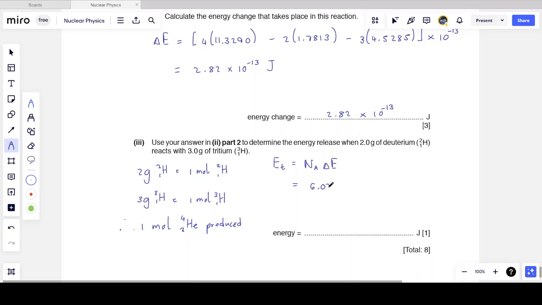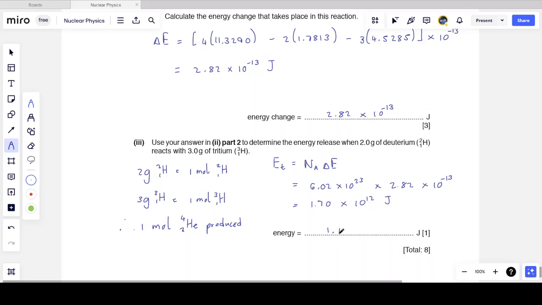That's 6.02 times 10 to the power 23, Avogadro's number, times 2.82 times 10 to the minus 13 joules. This is a total energy of 1.7 times 10 to the power 12 joules.